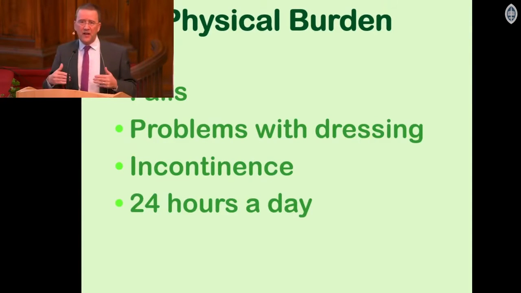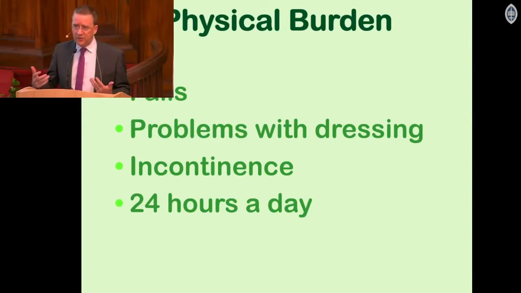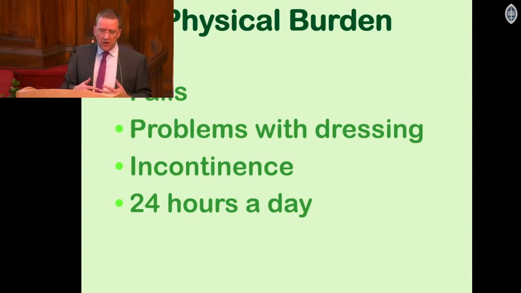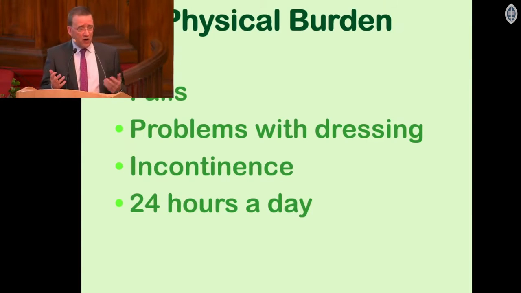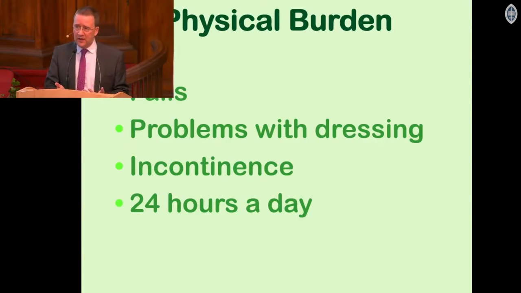And then there's, if you like, the basic physical health burden of trying to care for somebody with dementia when bodily functions begin to fail. When you're healthy, you take it for granted that you can eat your food, you can take your drink. When you've got dementia, you can't do those things. You need help with eating and drinking.